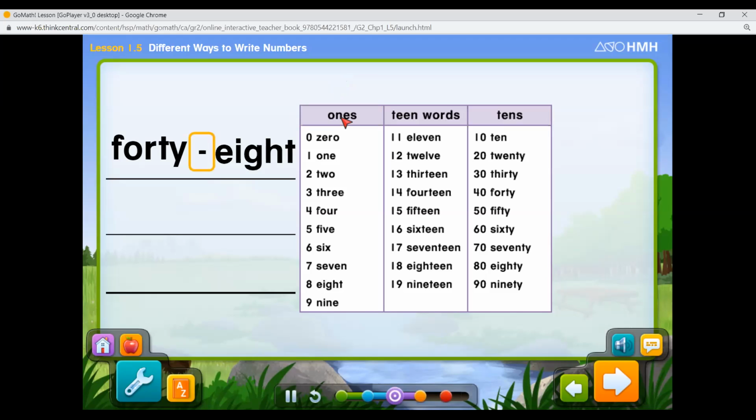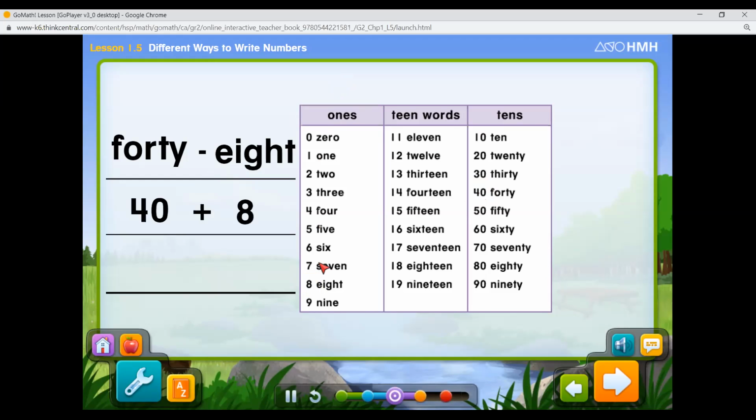When you write the number 48, you add a hyphen. We can also show 48 as a sum of the tens and the ones. First, select 40 from the tens column. Now select 8 in the ones column. Well done!